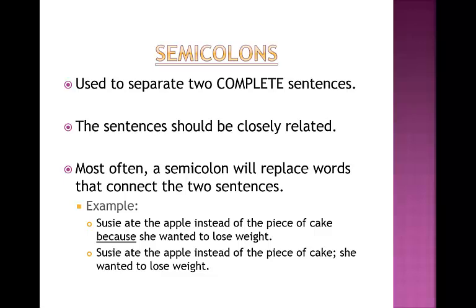So each set of words on either side of this semicolon is a full sentence. And more importantly, there's nothing that's been taken away from the meaning of this sentence. That semicolon has kind of taken the place of the word because. We kind of get an implication, or it's kind of stated indirectly, that that's the relationship between these two things. We never want to use semicolons for sentences that are not related to each other. Again, the subject matter has to be extremely close in this case.